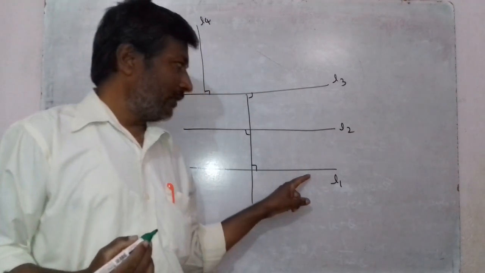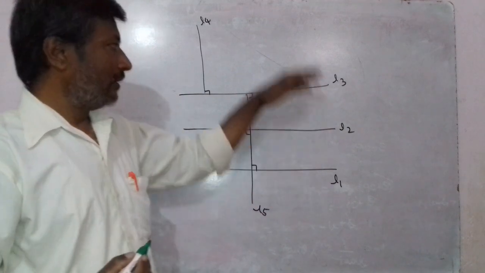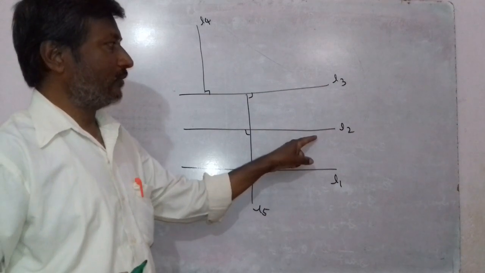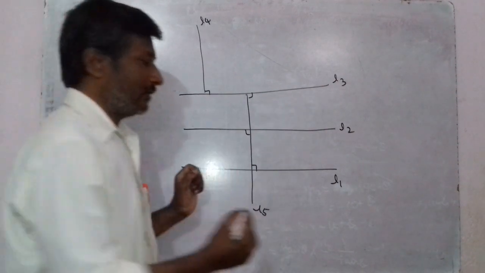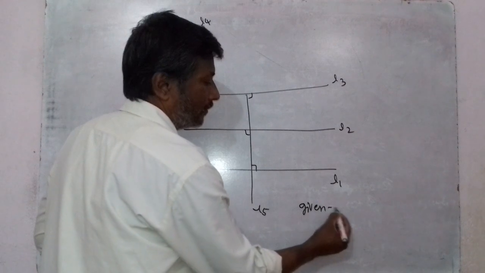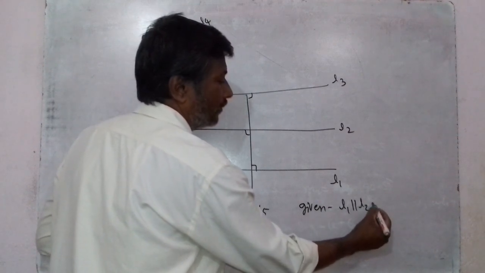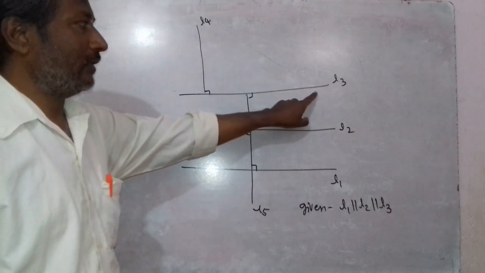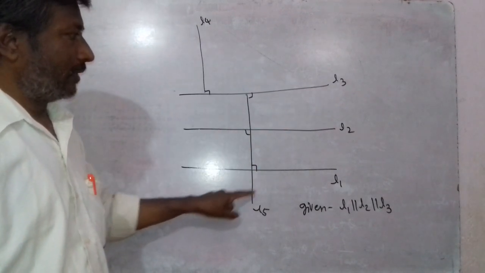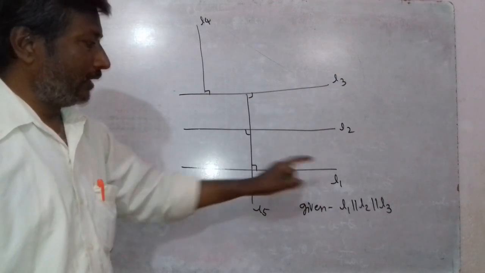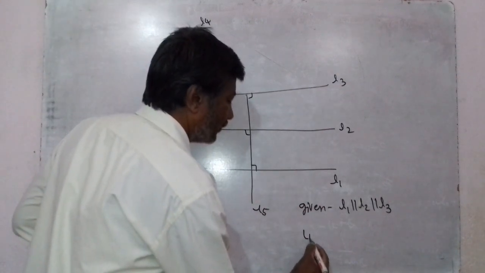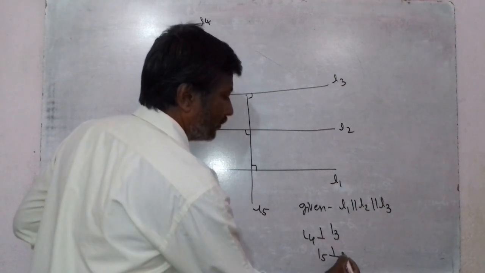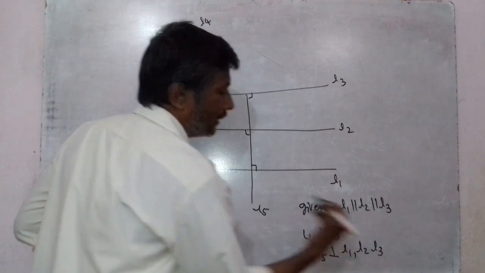If the slope of L1 is known, then we can easily find the slope of the other lines. L1 is parallel to L2, L2 is parallel to L3, and L4 is perpendicular to L3, and L5 is perpendicular to L1, L2, L3.